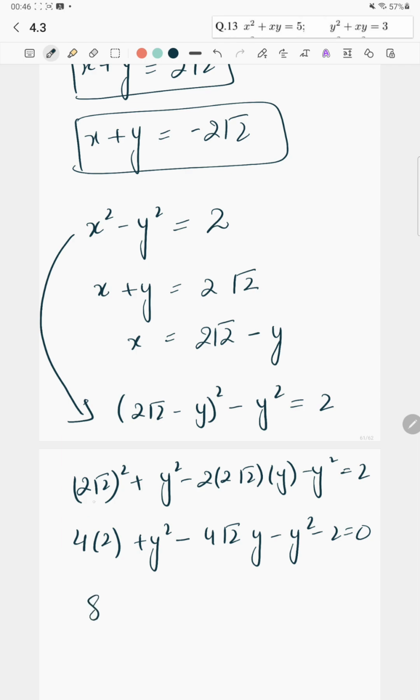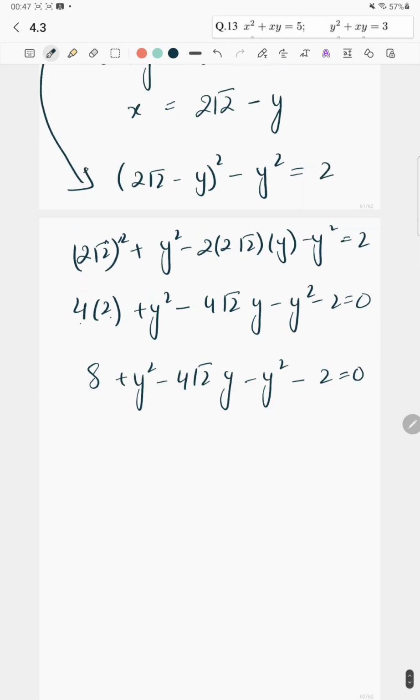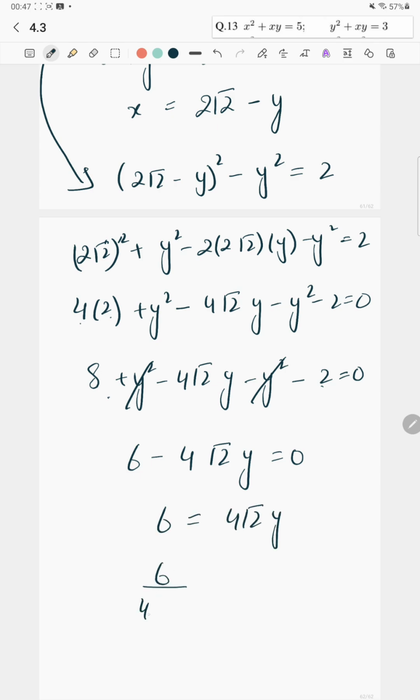So 2 times 2 is 4, and 4 times 2 is 8, plus y square minus 4 square root 2 y minus y square minus 2 is equal to 0. The y square minus y square is cancelled. 8 minus 2 is 6, minus 4 square root 2 y is equal to 0. So 6 is equal to 4 square root 2 y. 6 over 4 square root 2 is equal to y.